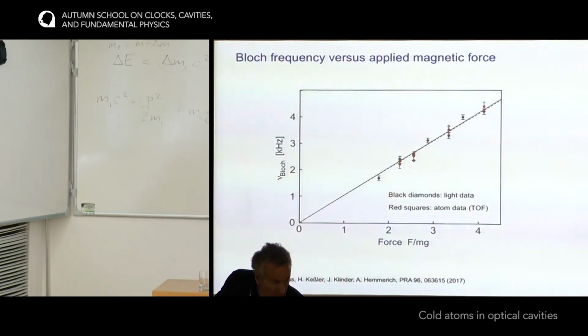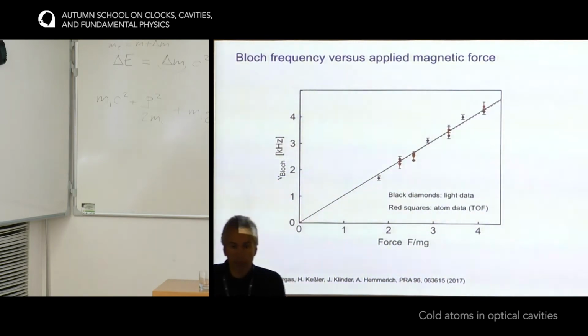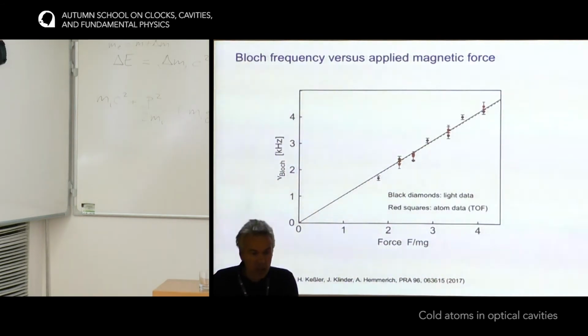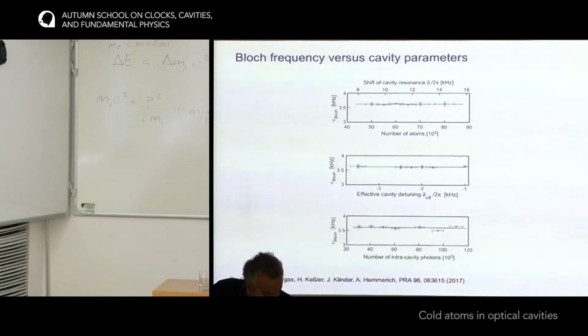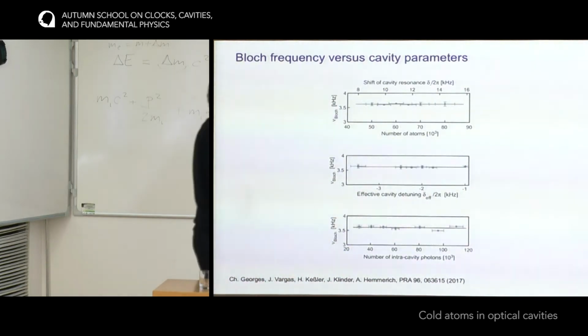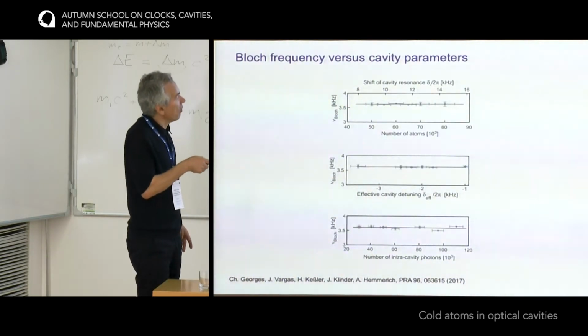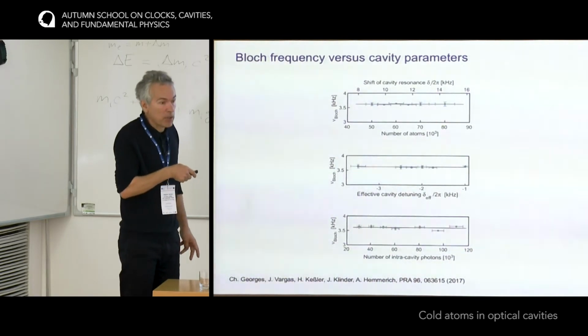Okay, so now I want to speed up a bit. I'll show you here that the Bloch oscillation that you see in the transmitted light and the one that you can measure by doing momentum spectra in the conventional way, the frequencies are the same. And also, we have looked at the dependence of the Bloch frequency on all sorts of cavity parameters.